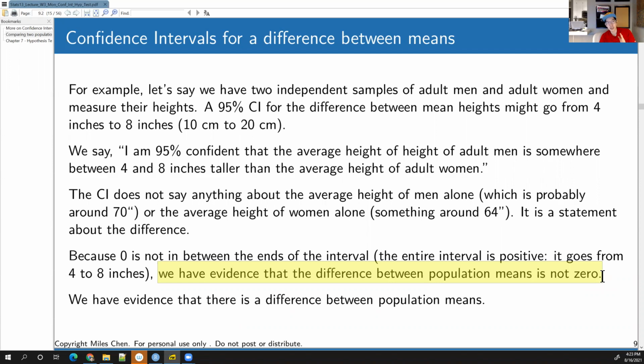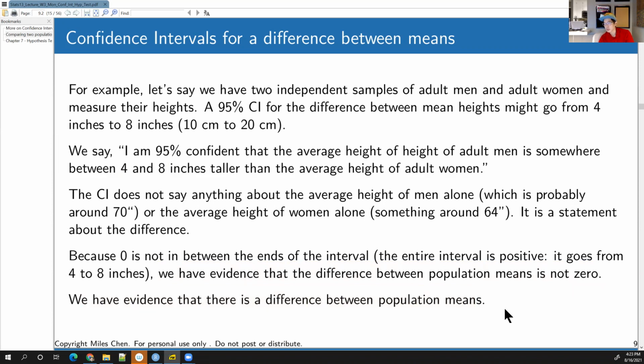But if we were to take the average height of all men and the average height of all women, we have evidence that those two numbers are not going to be the same number. And based on our interval, we're confident that the average height of men is higher than the average height of women. And so we would conclude that we have evidence that there is a difference between population means.